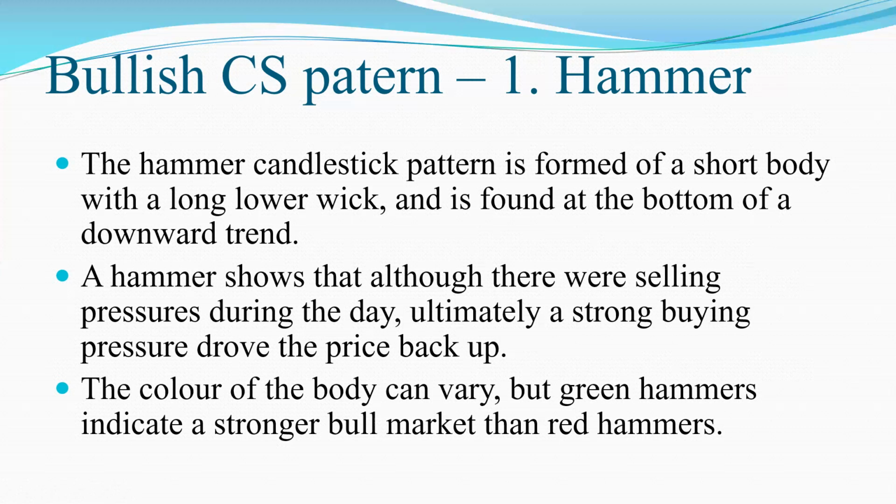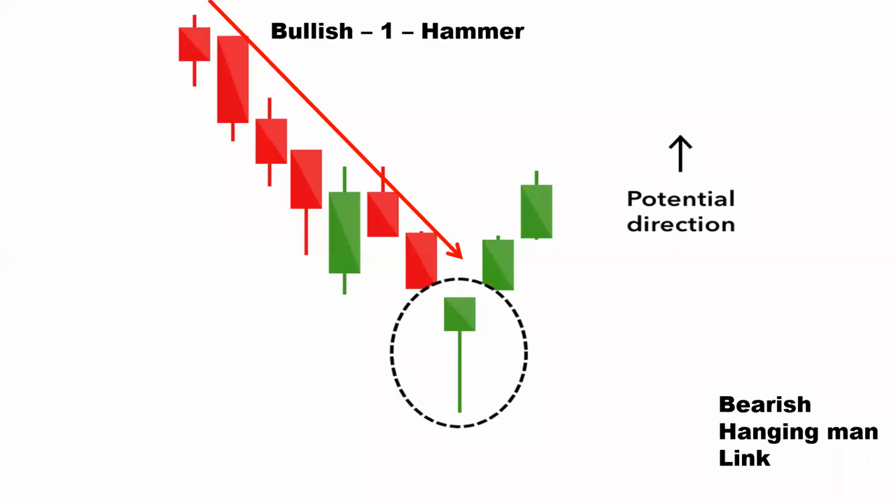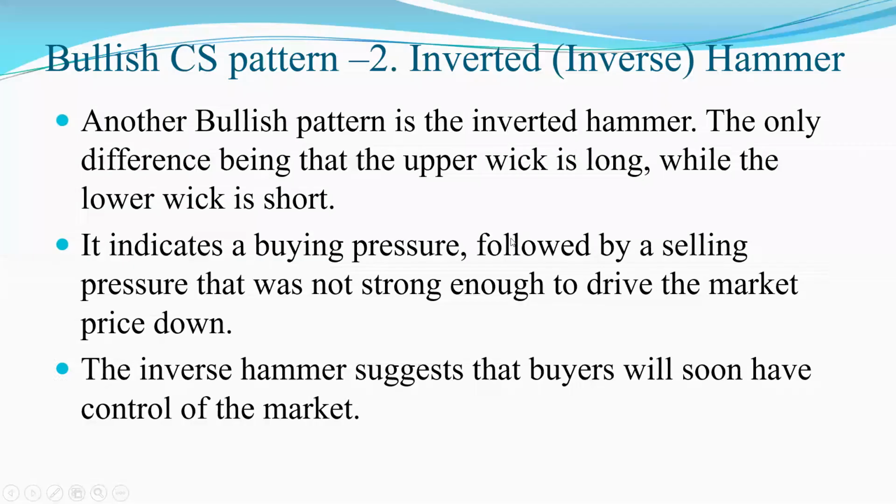This candle can be green or it can be red. Green indicates a strong bullish pattern. If it is reddish in color, it can be a question mark for you. Wait for the next candle and then decide. Then we have an inverted hammer.